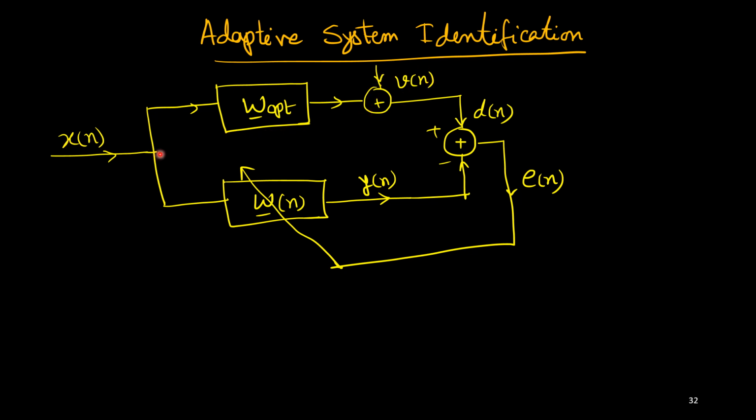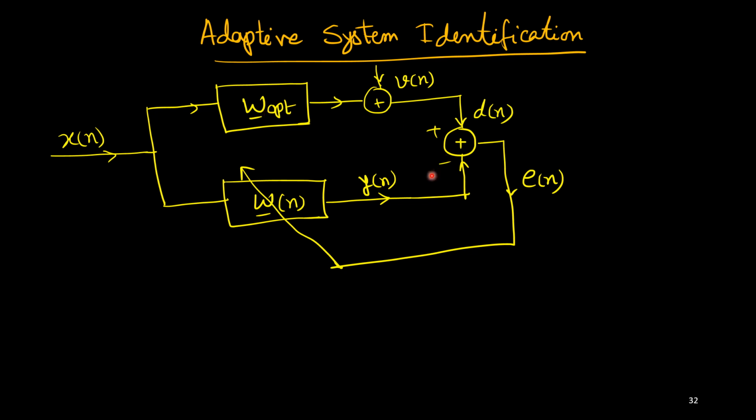Xn is the input to this unknown system, and Dn is the output of this unknown system. And our objective is, using these two, Dn and Xn, we need to train one filter coefficient W, so that this filter coefficient W will be very close to W opt. It will try to estimate the parameter of the unknown system coefficient W opt.